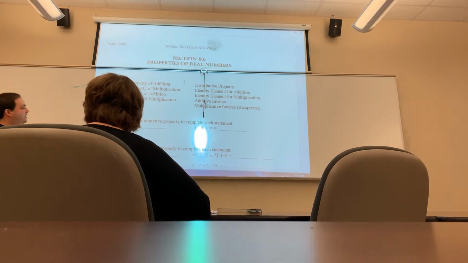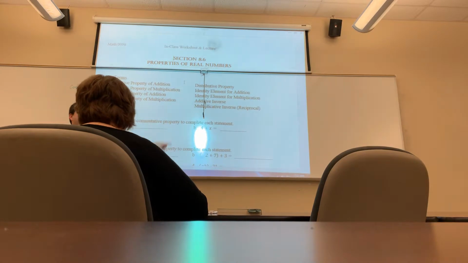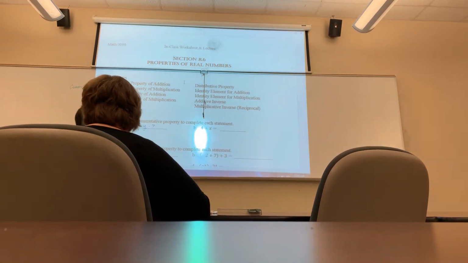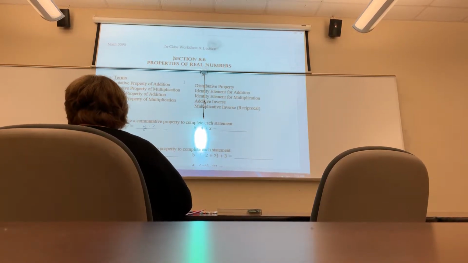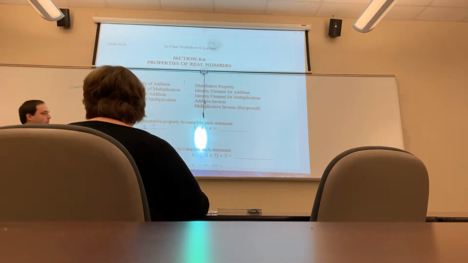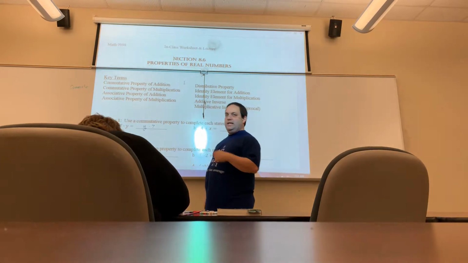So for example, use the commutative property to complete these two statements. 7 times y is the same thing as y times 7. This is a property you already knew from your times tables, right? 2 times 3 is 6, 3 times 2 is 6. This is the name for that. The ability to physically change the order, the location of where something is in your expression.